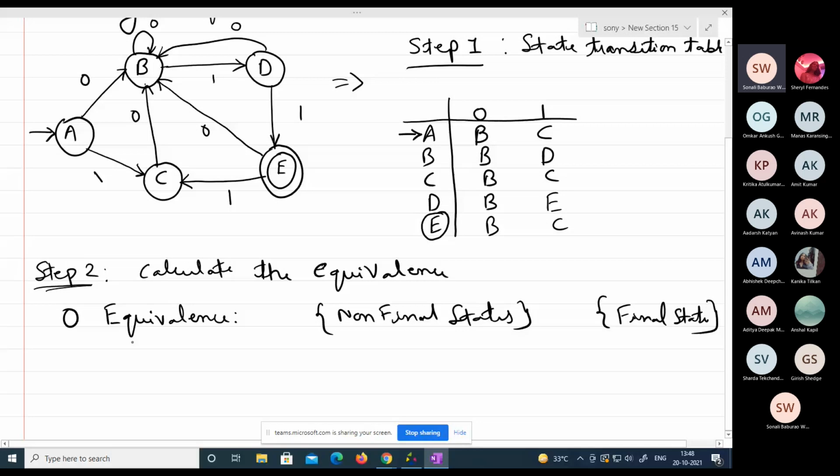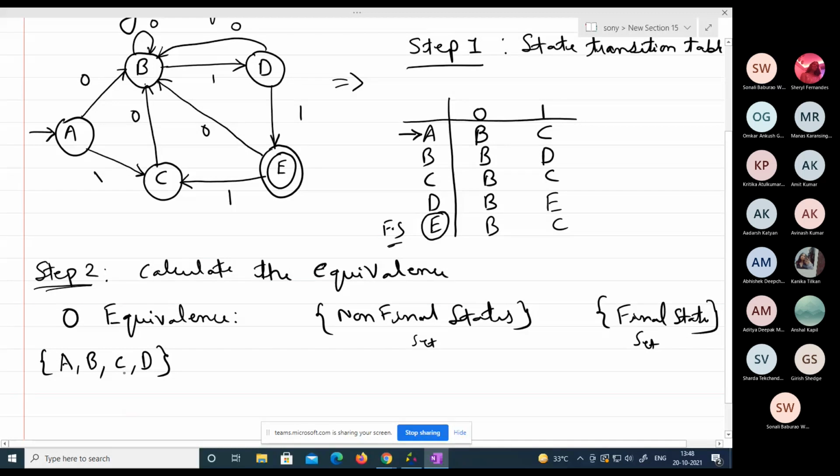Now let us see what it is. In zero equivalence, what are the non-final states over here? This is your final state, isn't it? Non-final states are A, B, C, and D. I'm making one particular set of states.